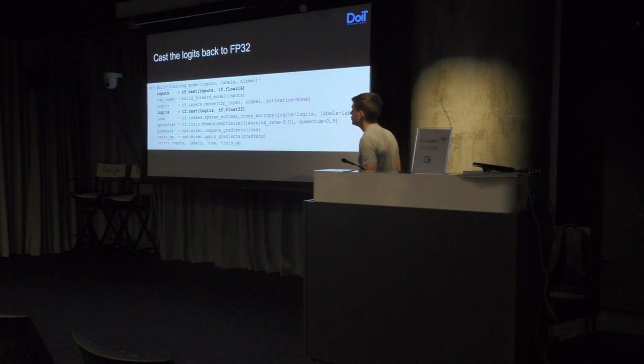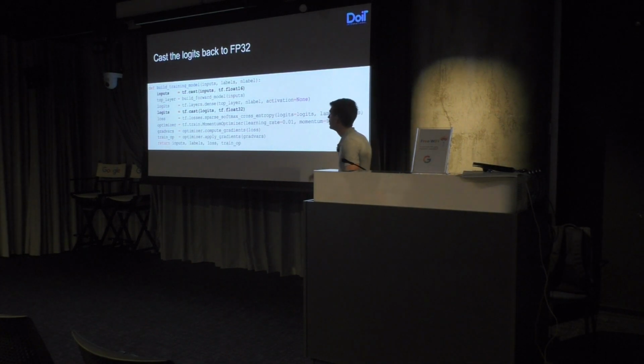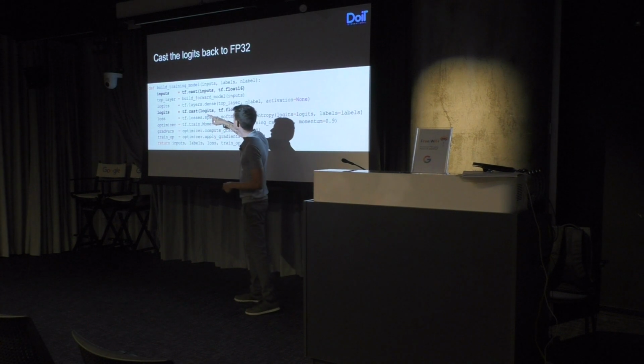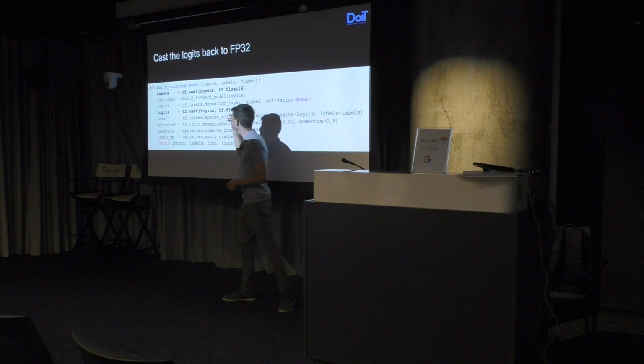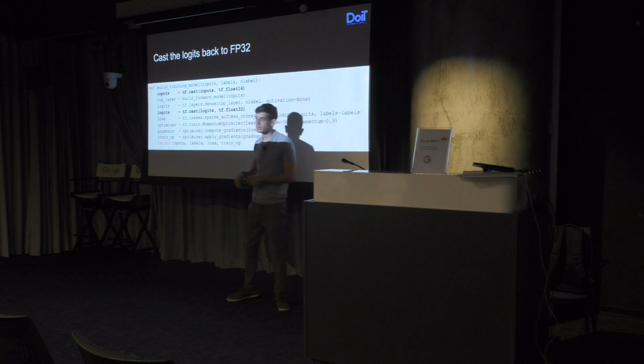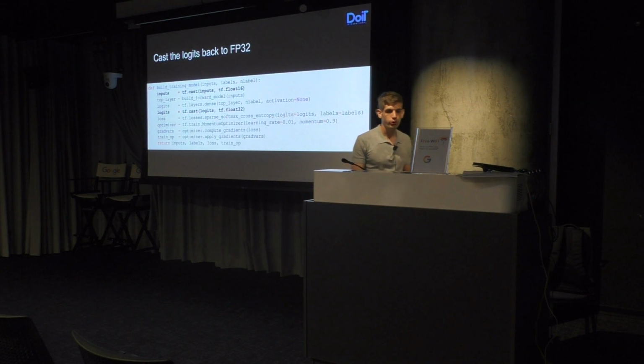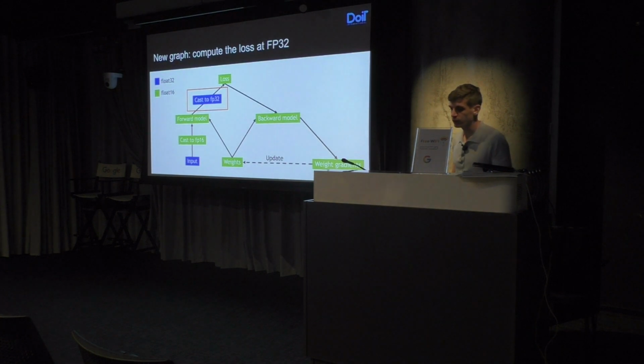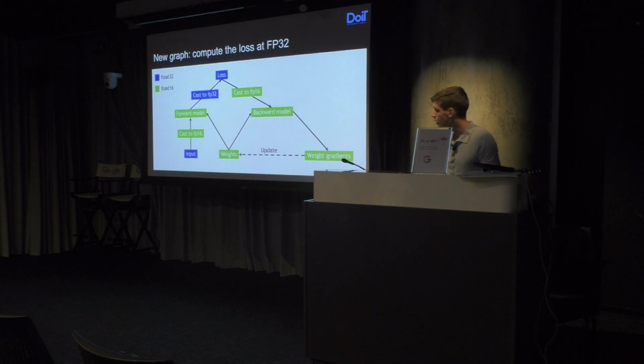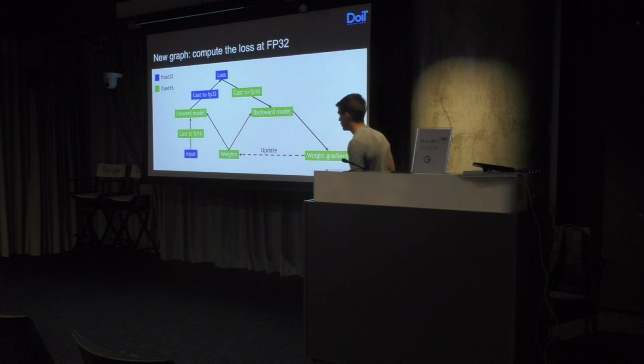So let's do another casting. This time after I'm calculating the dense layer here, before I'm calculating the loss, let's do a conversion to floating point 32. And how would that change our graph? Something really interesting happens here.